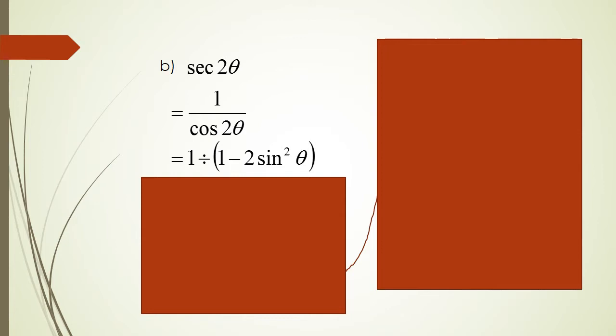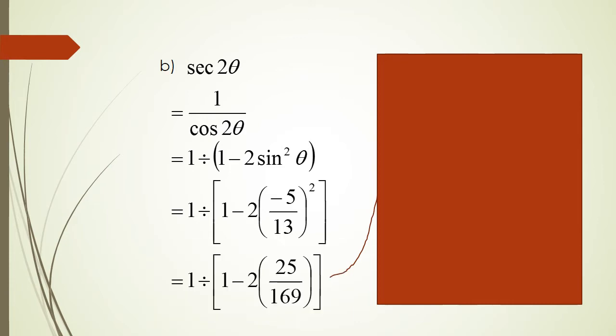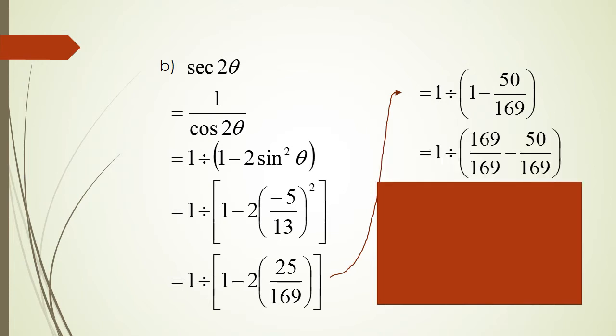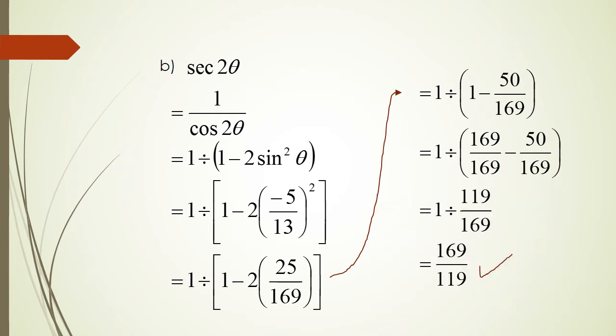The ratio for sine theta we were given, negative 5 over 13. So we square that, multiply it by 2, subtract it from 1. First of all, the squaring gives us 25 over 169. Multiply by 2 gives us 50 over 169. Get a common denominator, subtract, and finally multiply by the reciprocal for the final answer, 169 over 119.